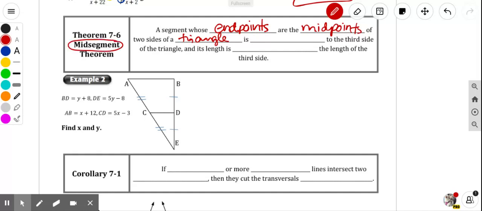A mid-segment is parallel to the third side of the triangle, and its length is 1/2 the length of the third side. So if we look at this picture here, CD is a mid-segment.